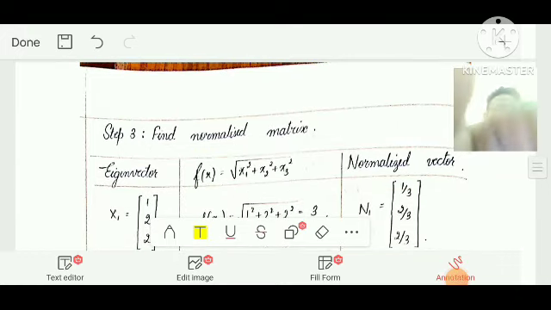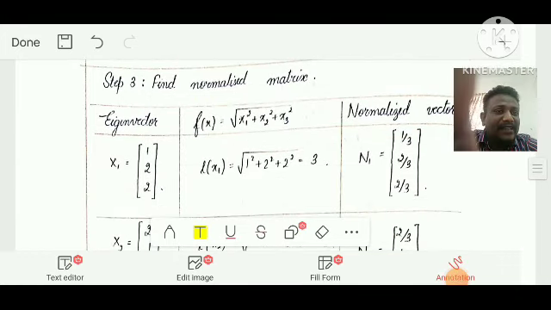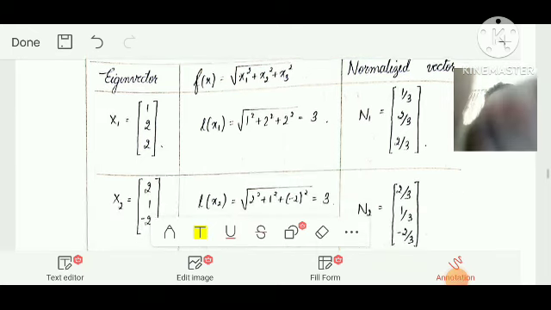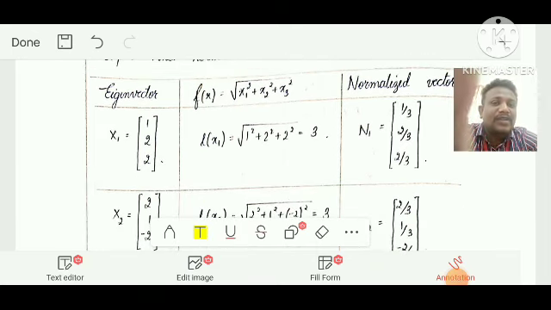Next, let us move to find the normalized matrix. To find the normalized matrix, just follow this table. First write the eigenvector, then L of x, then the normalized vector. The eigenvectors are x1, x2, x3.